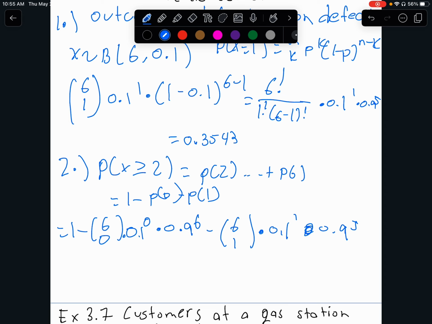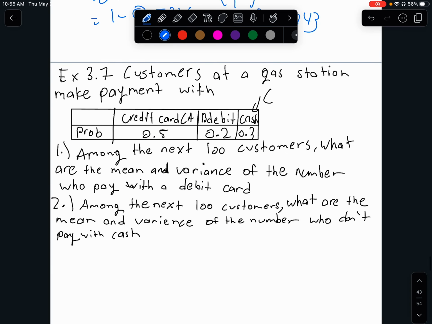And we get 1 minus 0.5314 minus 0.3543, and our answer is 0.1143.